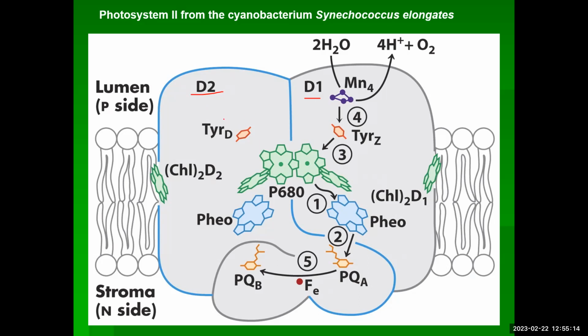Both D1 and D2 have these tyrosines that are strategically held to be able to transfer electrons. The photosystem, once it is oxidized, is re-reduced by the oxidation of water to make protons and molecular oxygen.